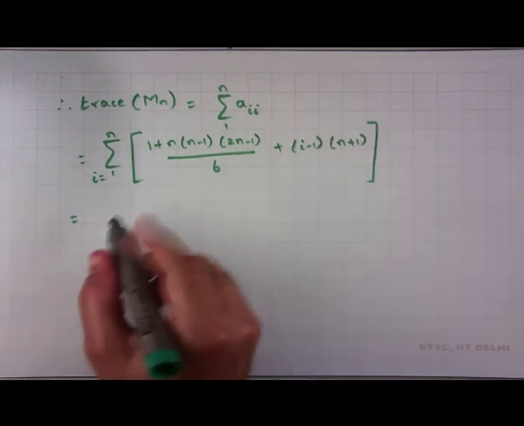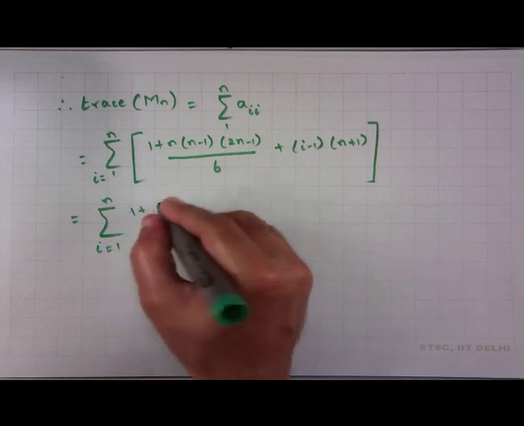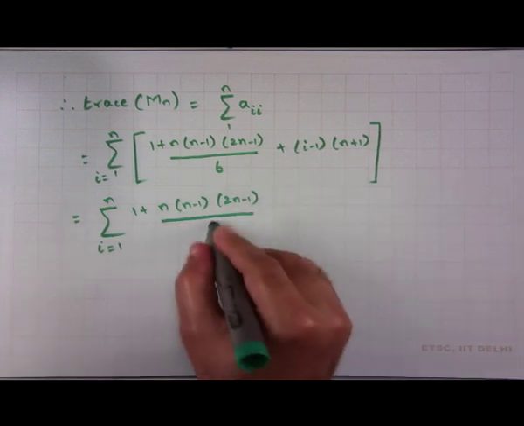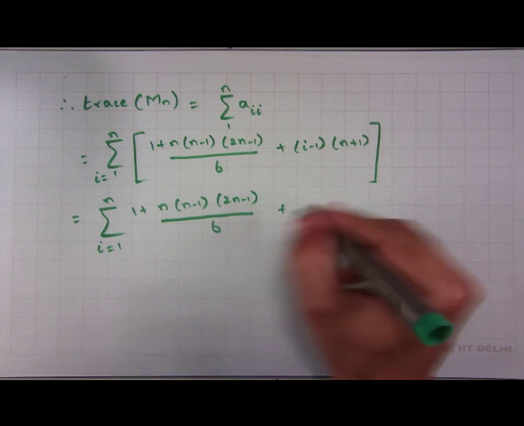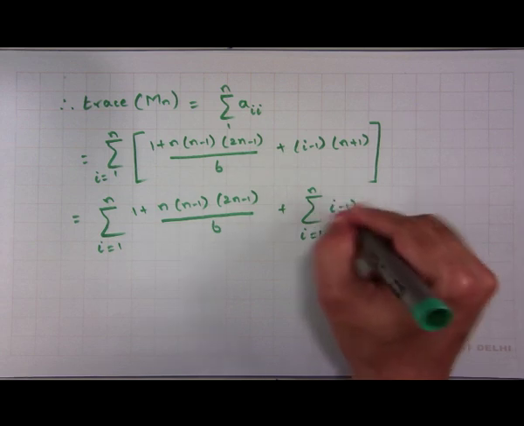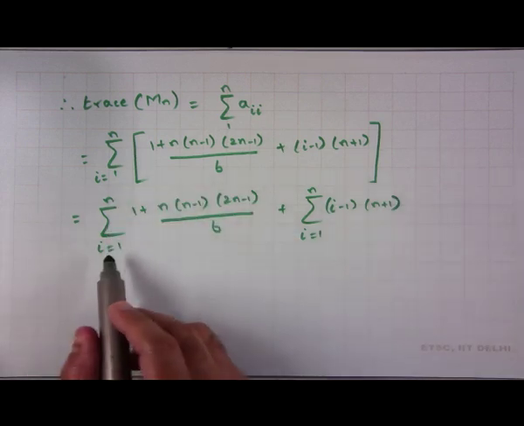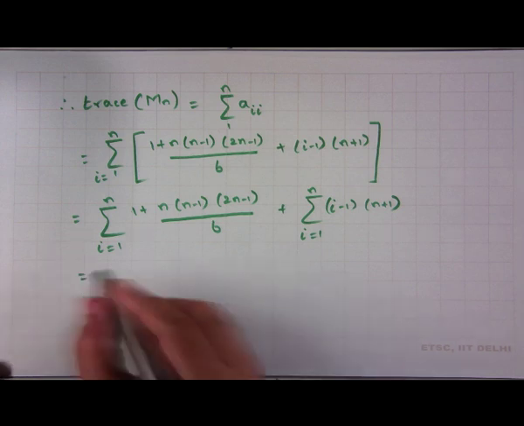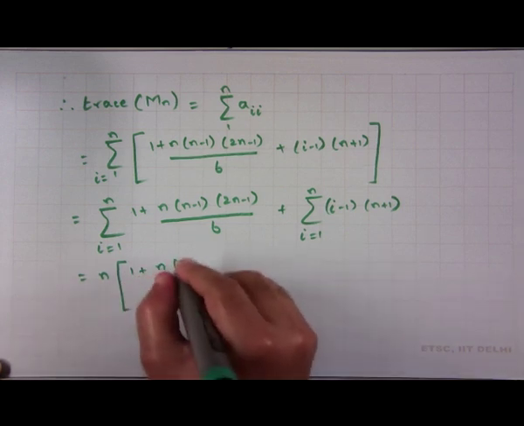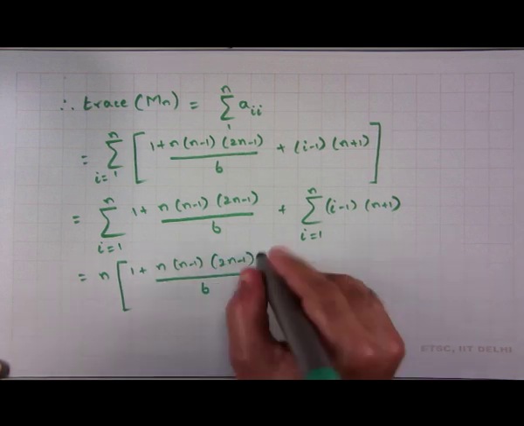Let me split this sum into two terms. The first is a constant term, so summing 1 from 1 to n, I end up with n times 1 plus n into n minus 1 into 2n minus 1 whole upon 6.